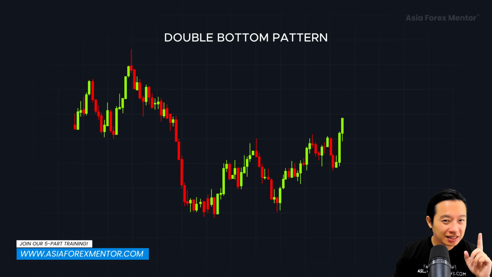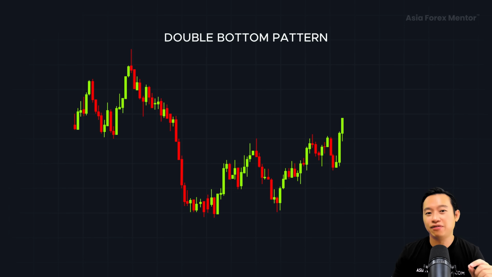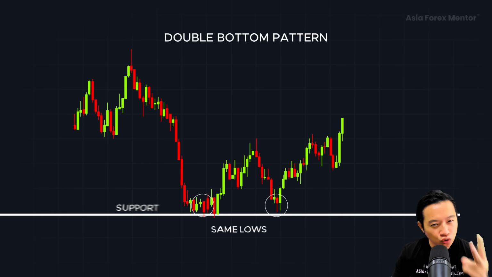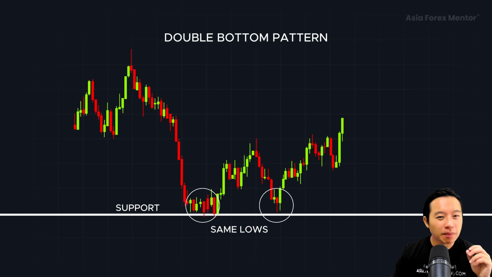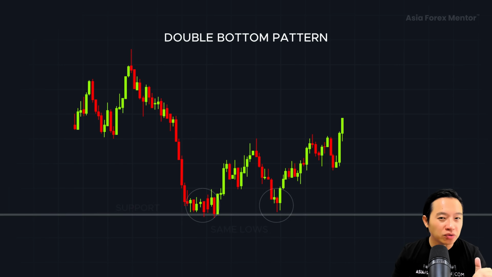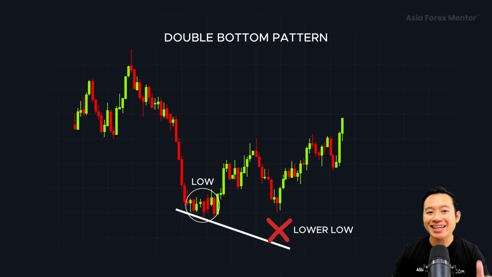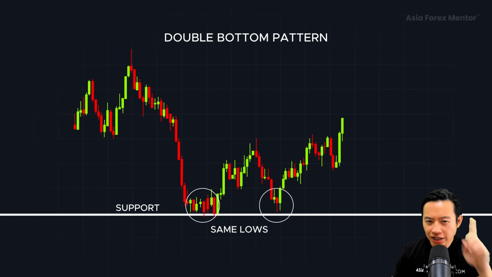To spot the double bottom pattern, you first have a moving downtrend price that makes two same lows. So the bottom essentially makes a support level. From a price action standpoint, price failed to make a lower low, but instead made the same low. This shows a loss of momentum from the downtrend and from the sellers in the market.